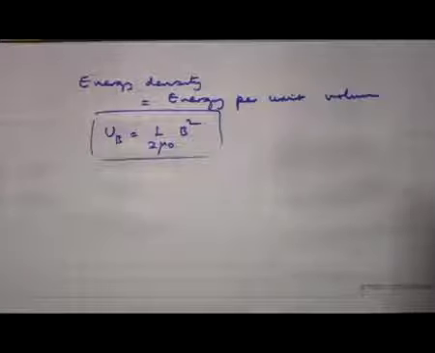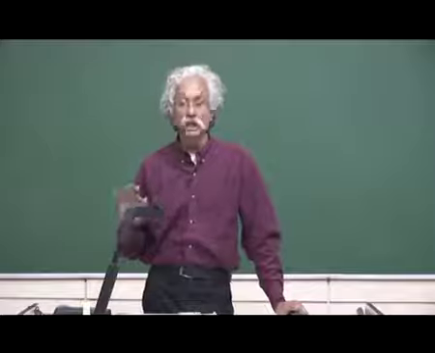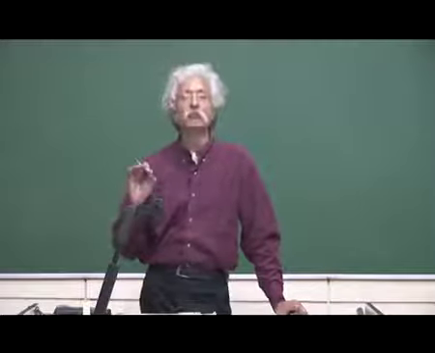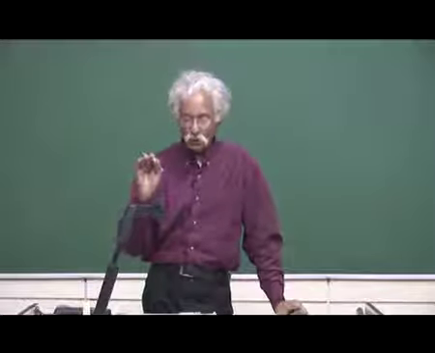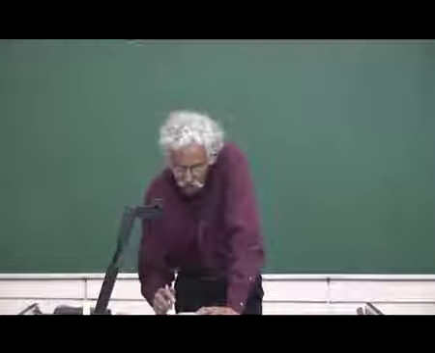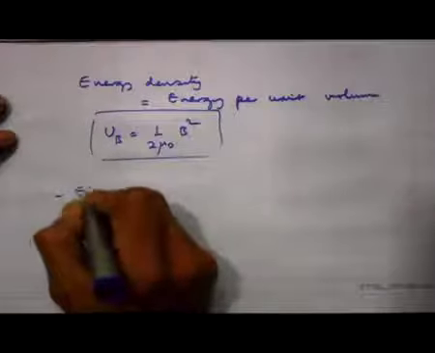Now, although I have derived this for a solenoid, this is a very general relationship: if you have a magnetic field B at any point, it creates an energy density of B square by 2 mu naught, and this is very similar to what we have done for electrostatics.